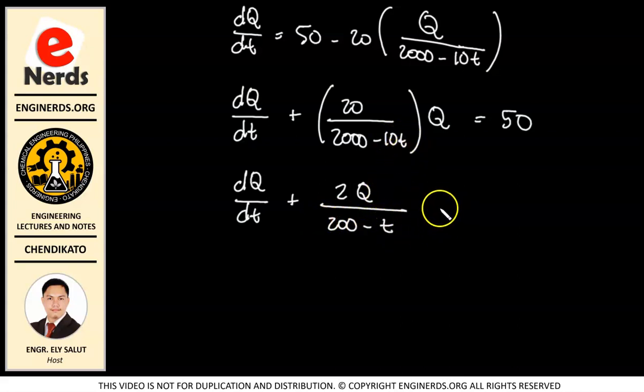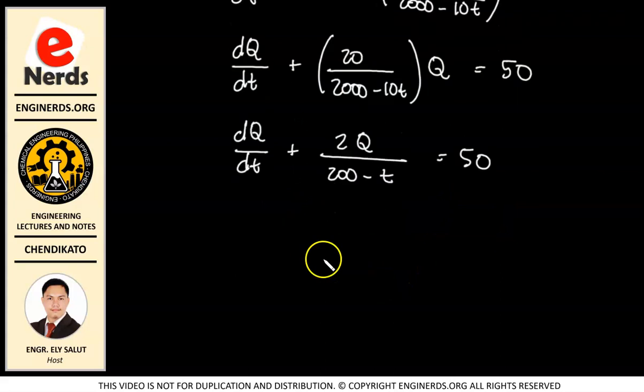Okay. Then we have is equal to 50. All right. So now we have a linear differential equation of the first order in here. So we know that our P here is equal to 2 over 200 minus T, and our Q for the differential equation is 50. Ito yung nasa right side ng ating equation.